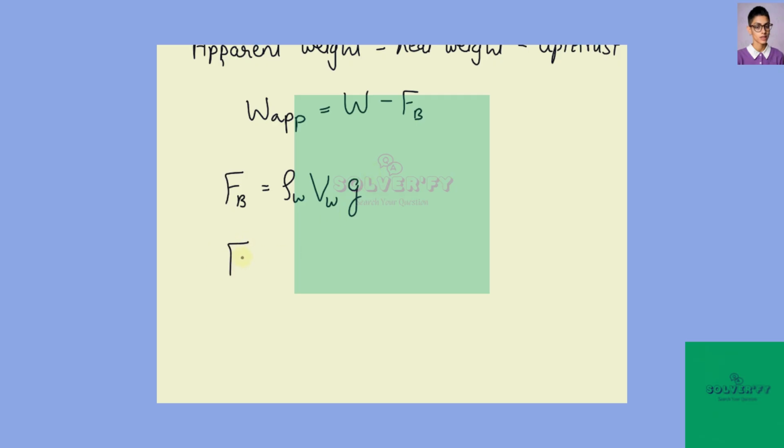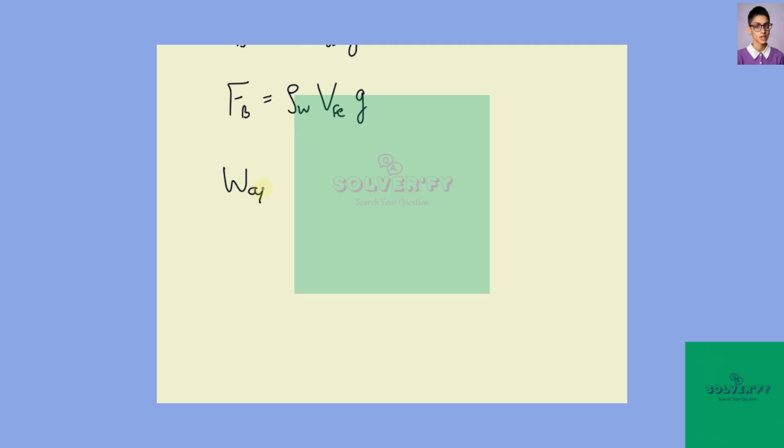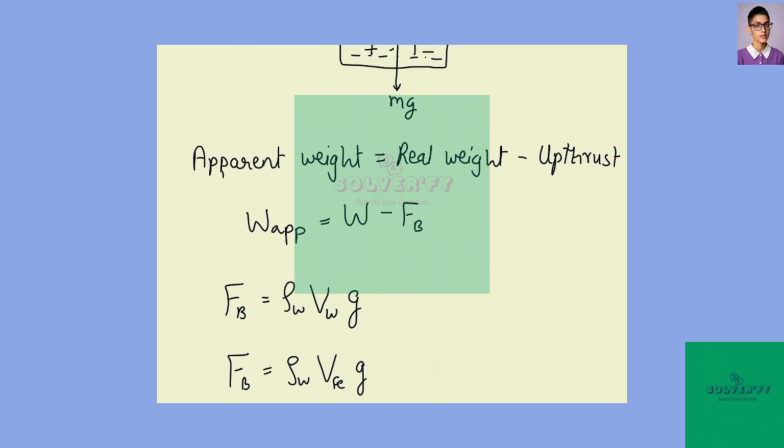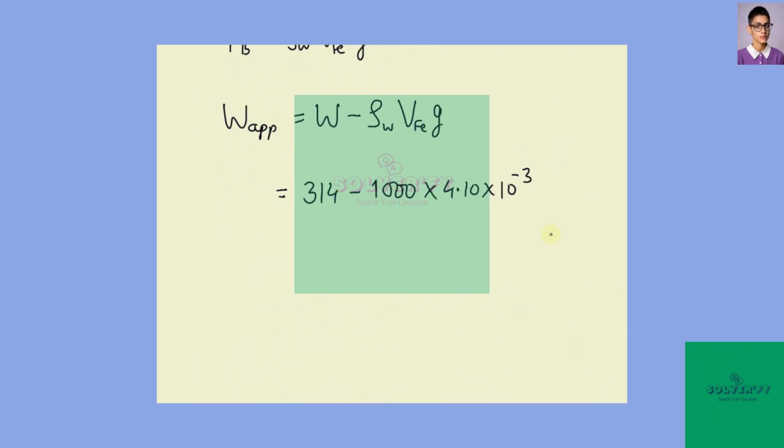So I can write FB as equal to rho W times the volume of the ferrous which has been put in it into G. So now my W_app becomes W minus rho W times V_Fe, volume of the ferrous, times G. So W is 314 minus 1000 into 4.10 into 10 raised to minus 3, further into 9.8.